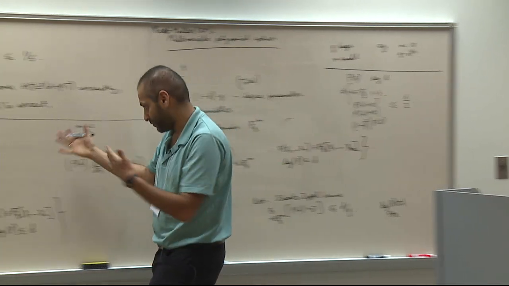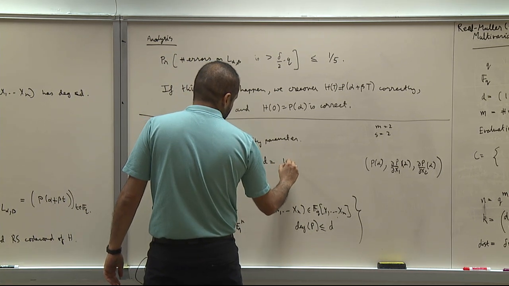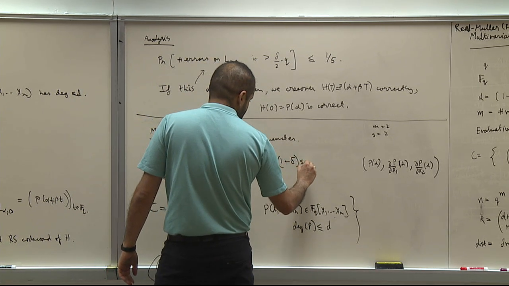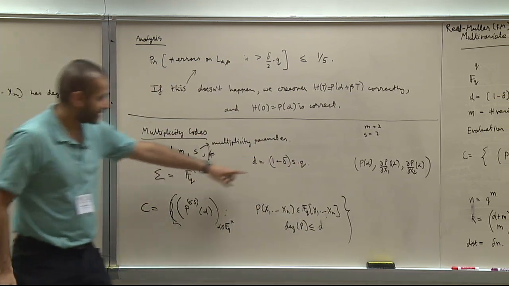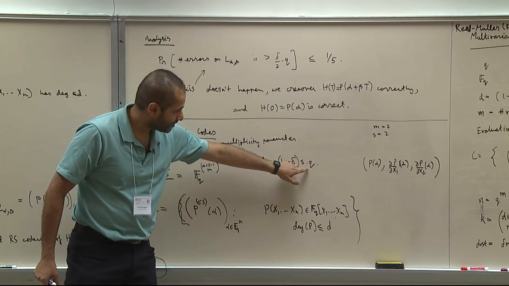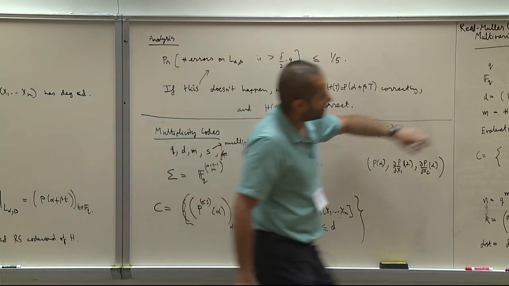So when we set up multiplicity codes, we will now take d to be (1 minus delta) times s times q, which is much more than before. It can go up as high as the multiplicity parameter times q.